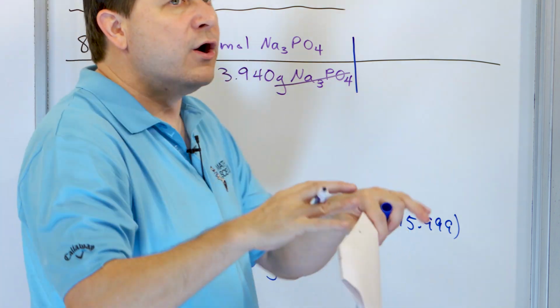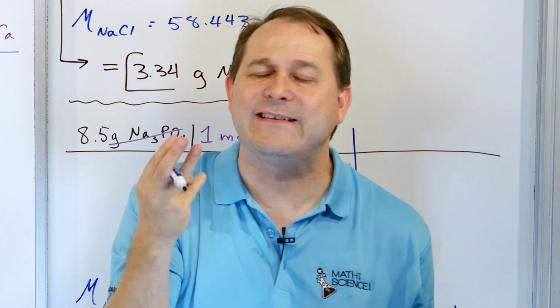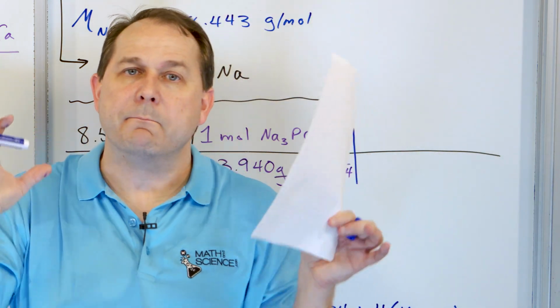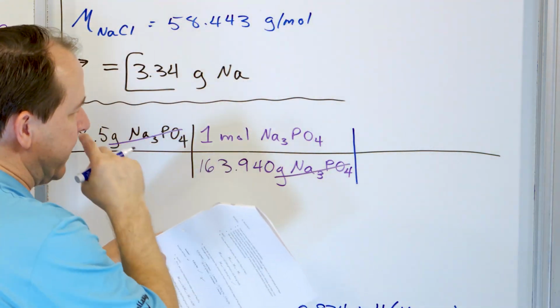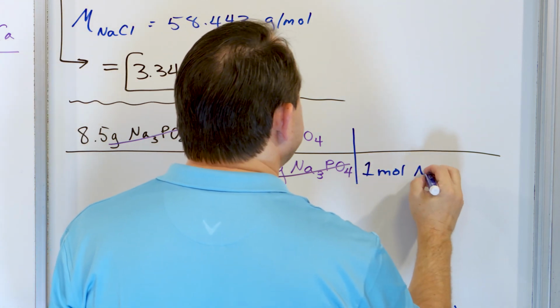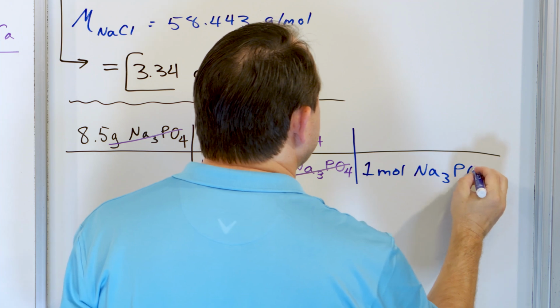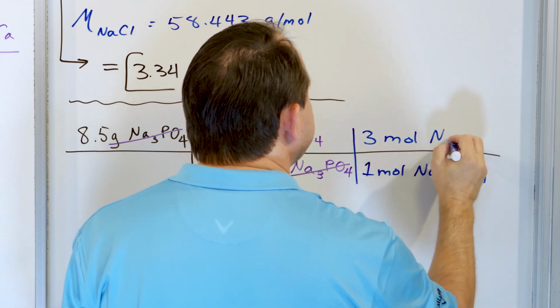So the ratio is, for one of these groupings of this compound, there's actually 3 sodium atoms. That's how we bridge the gap from moles of the compound to talking about the individual sodium, because we have the formula right here. So we know that 1 mole of this compound, Na3PO4, must contain 3 moles of sodium atoms.